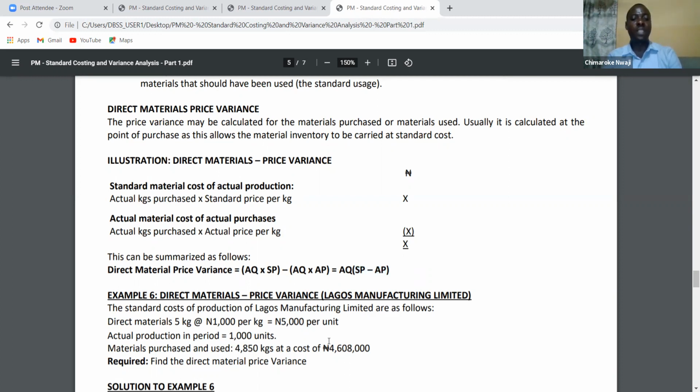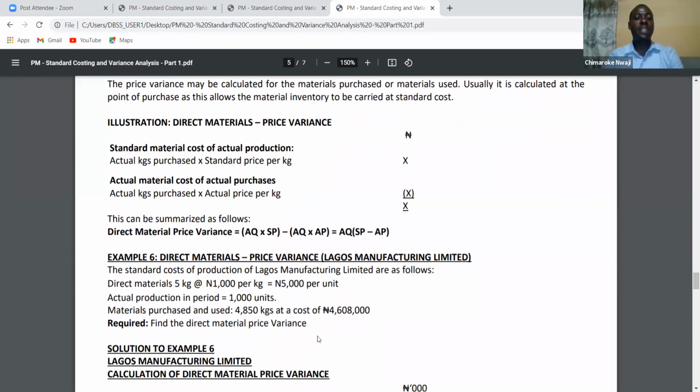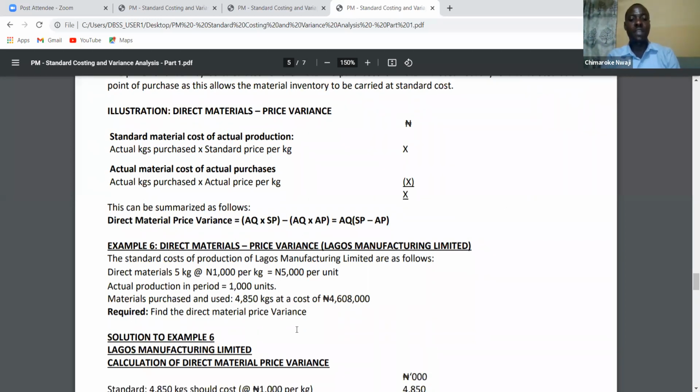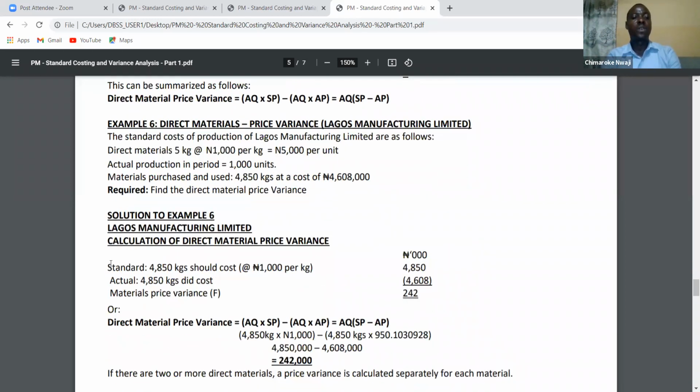Now let's look at example 6. In example 6, we are asked to find the direct material price variance, given the data that we are given in example 5. Now let's look at it here. Standard. This is the actual quantity that was spent on. How much should we have spent on it?